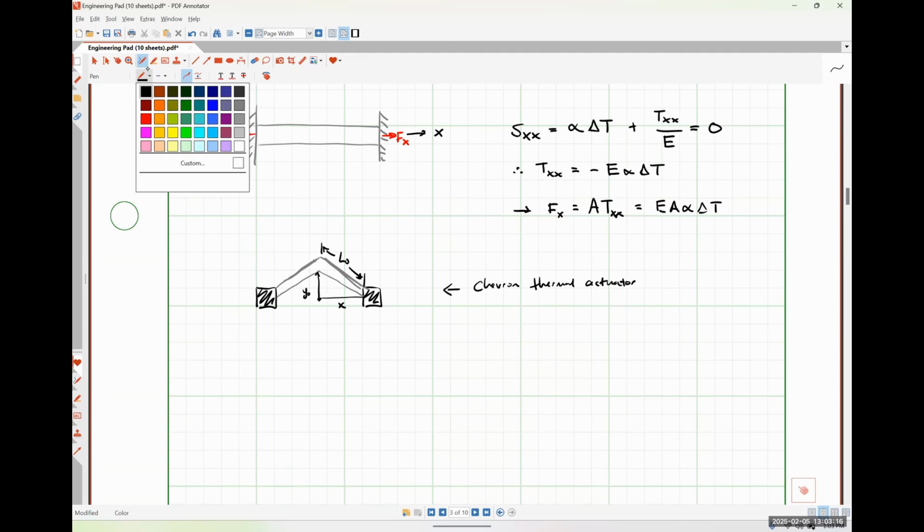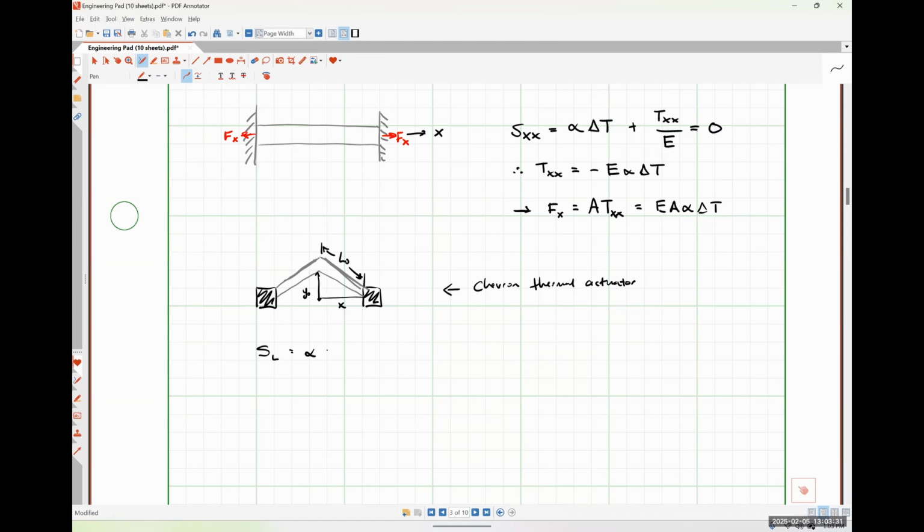So our thermal stress, thermal strain, S sub L. This is just our strain along the length, which is going to be alpha, our coefficient of thermal expansion, times our change in temperature.